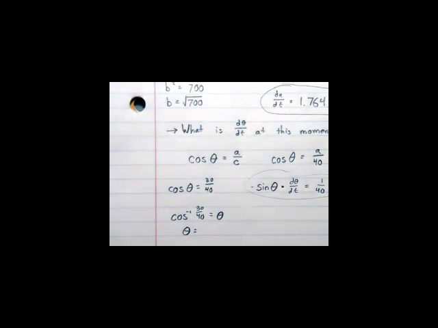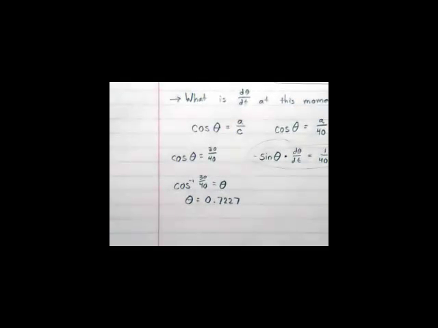And it doesn't matter if it's in radians or degrees, it's just a matter of staying consistent with it. So I'm going to do radians just because we always do that, but should work either way. So inverse cosine of 30 over 40, I'm getting 0.7227. So then I'm going to take that and plug it in here.